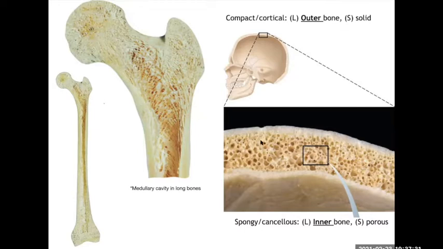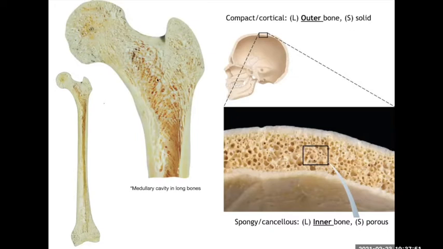And that'll be true whether you're looking at a very thin layer of compact bone, like in your skull, or in your limb bones, where you're going to have a really thick layer because that's where all the weight and pressure is.